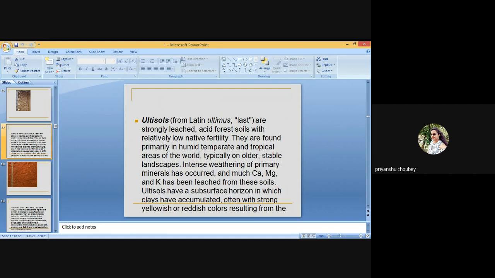So Ultisol, from the Latin ultimum, meaning last, are strongly leached and acid forest soils with relatively low natural fertility.